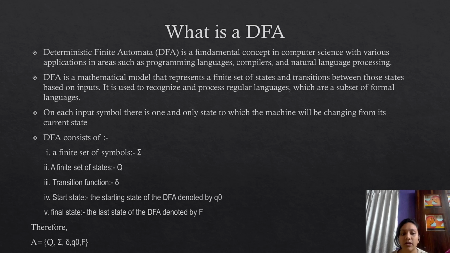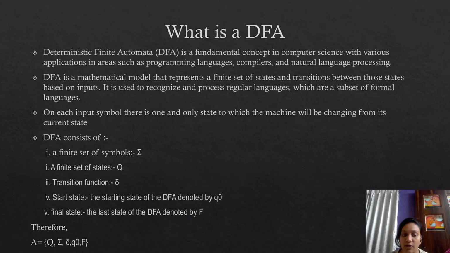On each input symbol, there is only one state to which the machine will change from its current state. The DFA consists of mainly five components. The first one is a finite set of symbols, which is denoted by sigma.